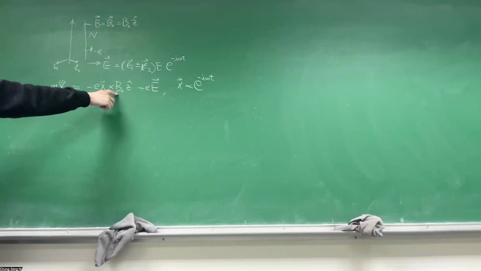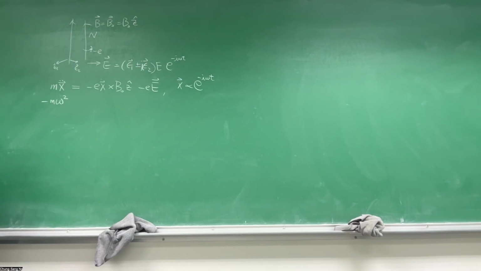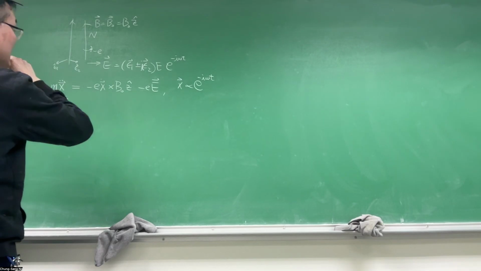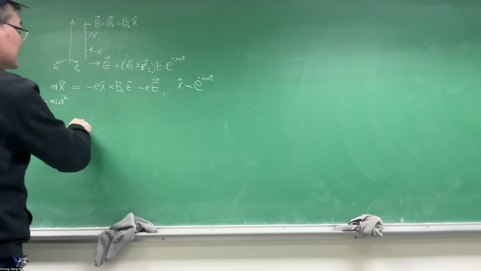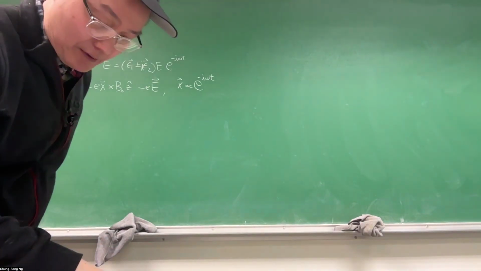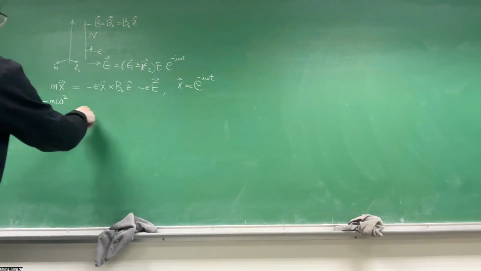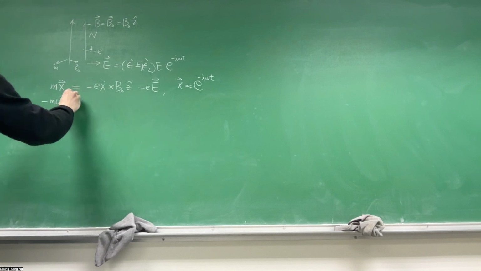But there's also an x here, so we'll put that on the same side, but we'll do that a little later, because we need to work out the cross product first.